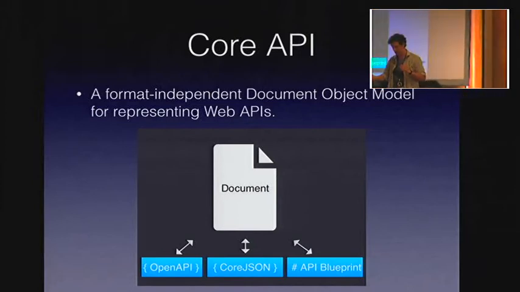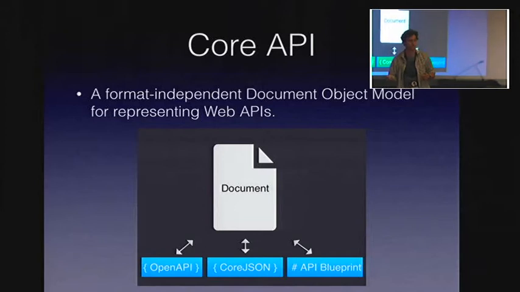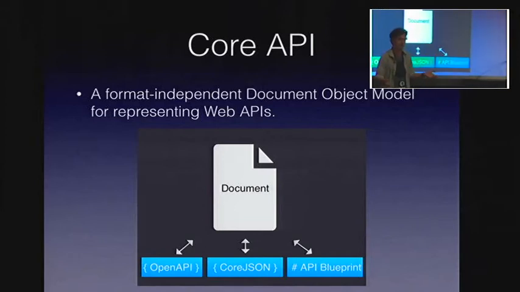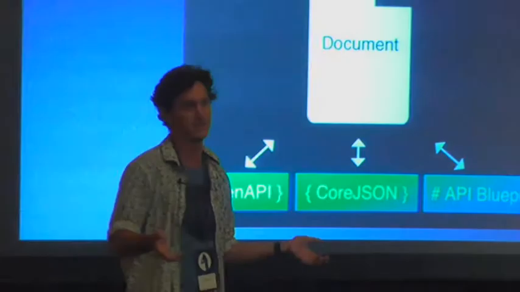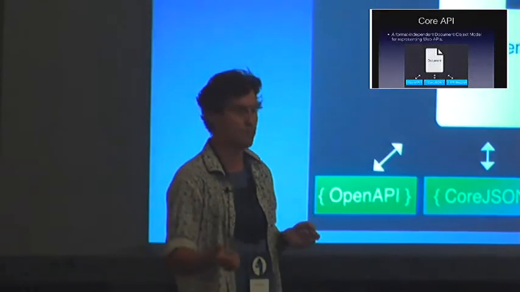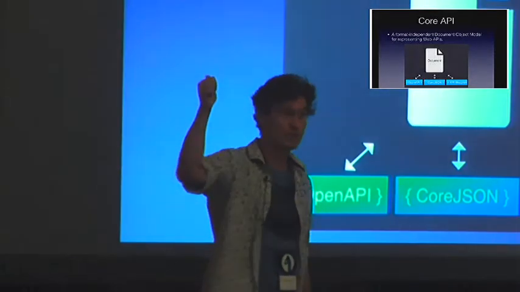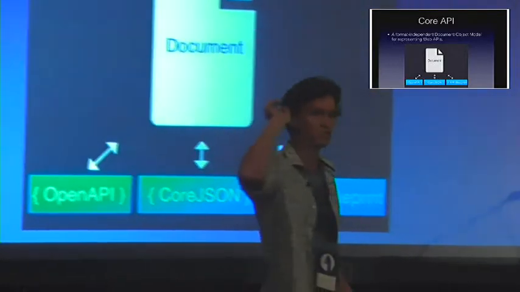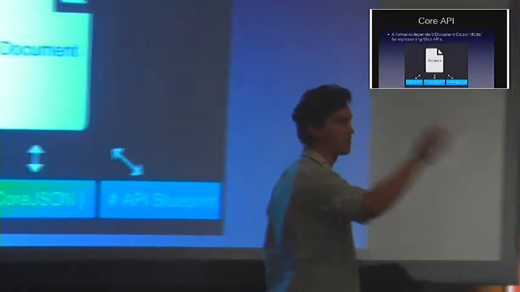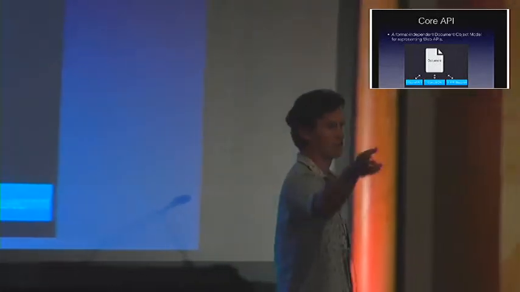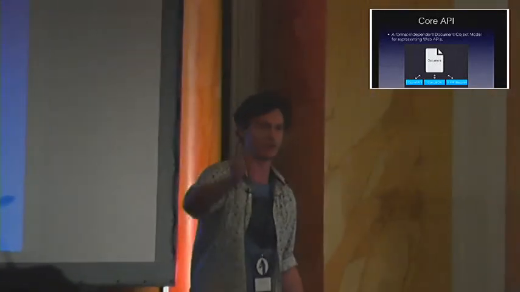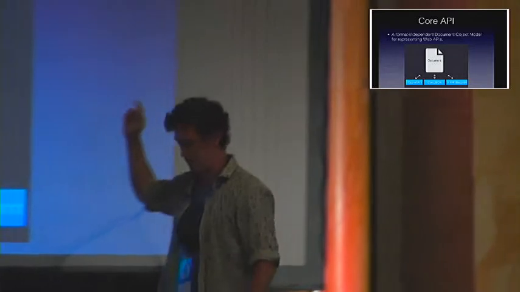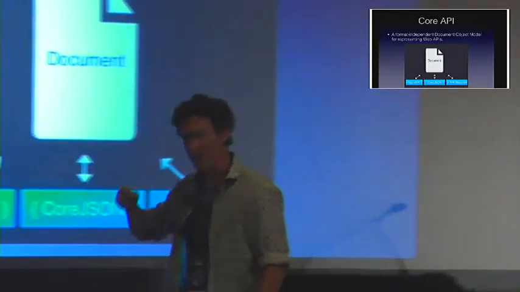We have a very constrained set of data types that we need in order to represent an API. Those are simply, one, the document. A document represents a resource on the network somewhere, something that has a URL that you can go to and retrieve, re-retrieve, reload. We have a link.